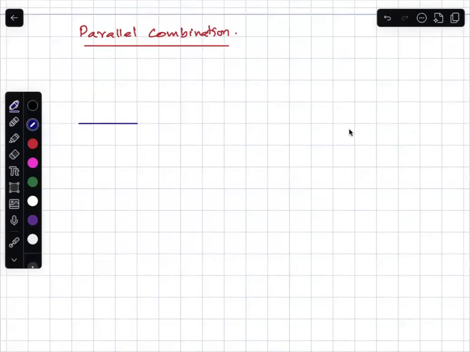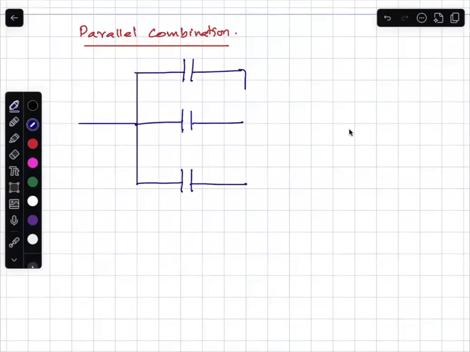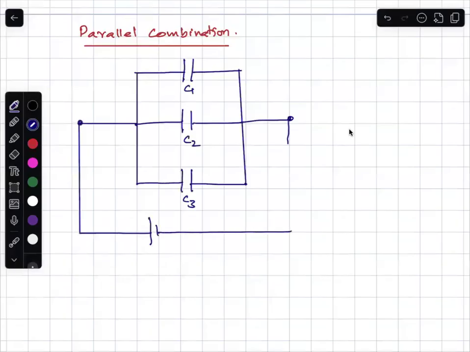You will have an arrangement like this: three capacitors connected like this, C1, C2, C3. And now I am connecting the entire arrangement to a cell whose EMF is E.